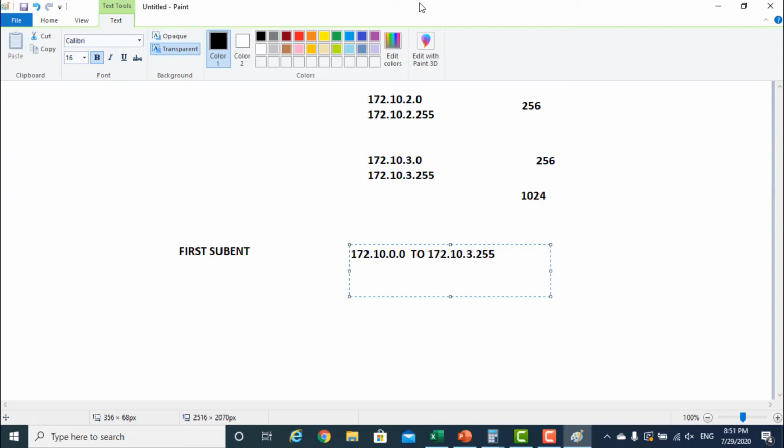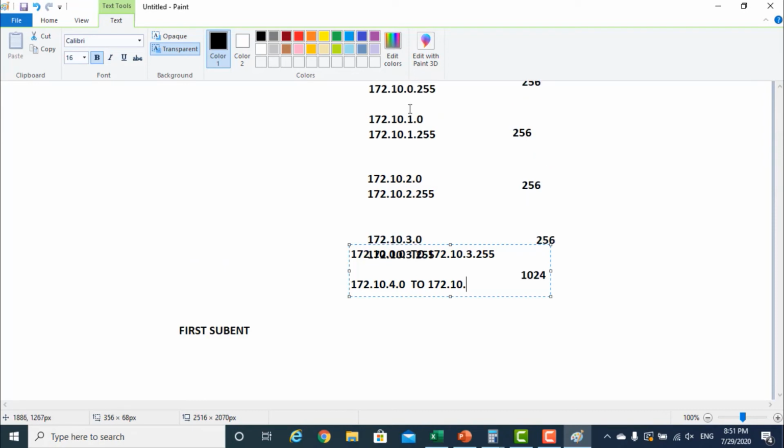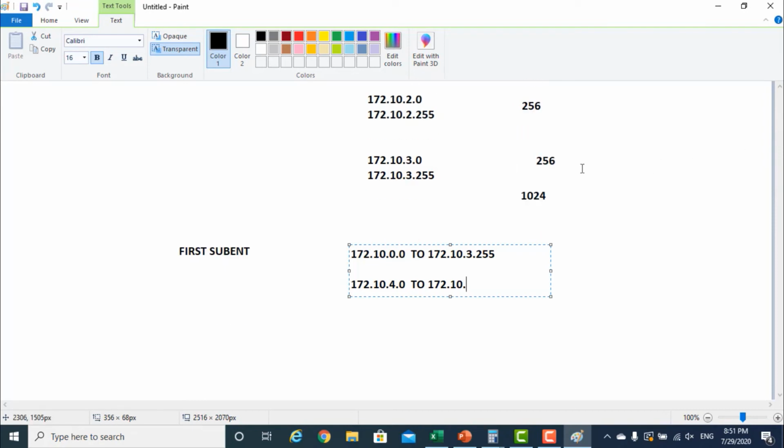How to find the next range? 172.10.4.0, obviously after 3 we have 4, because the fourth octet has reached its maximum. To how many? How much was the difference in the first block? 4 was the difference, or not? 0, 1, 2, 3, 4 differences. So I will add directly here 8.255.